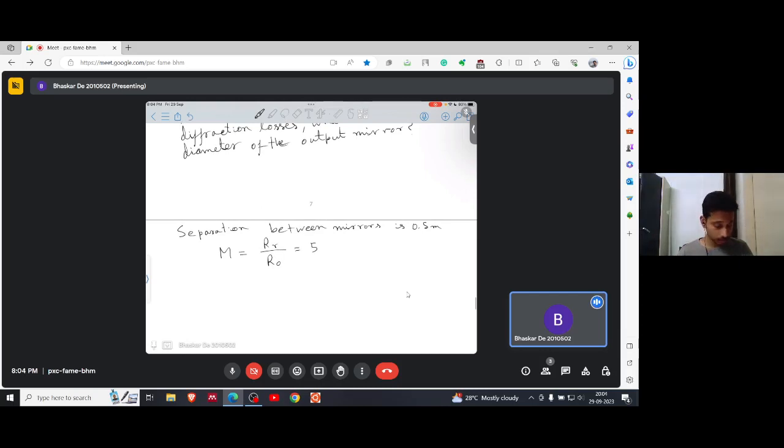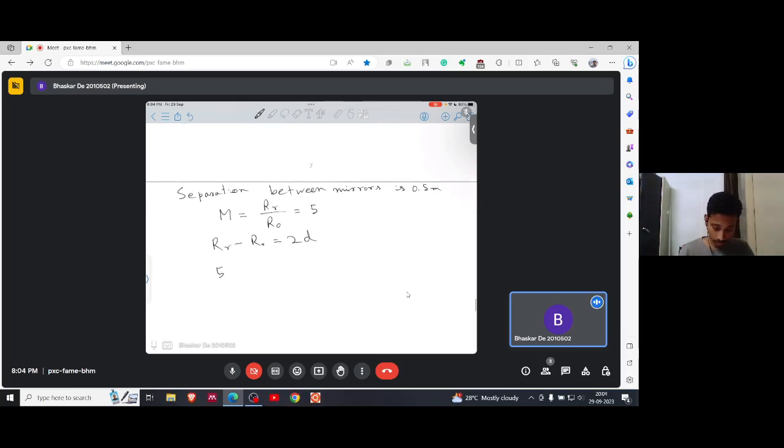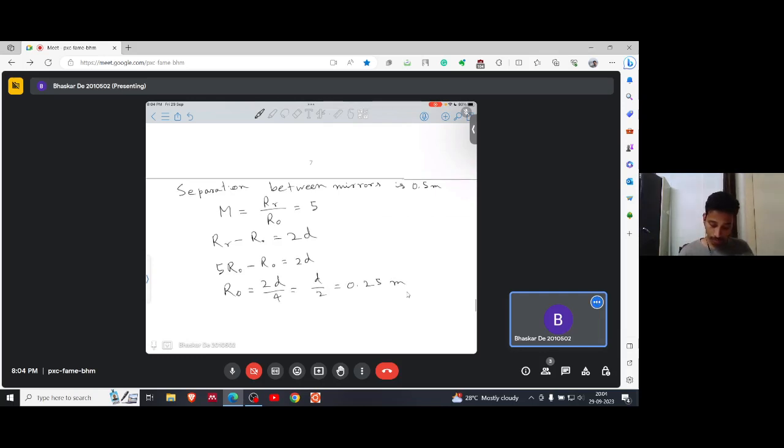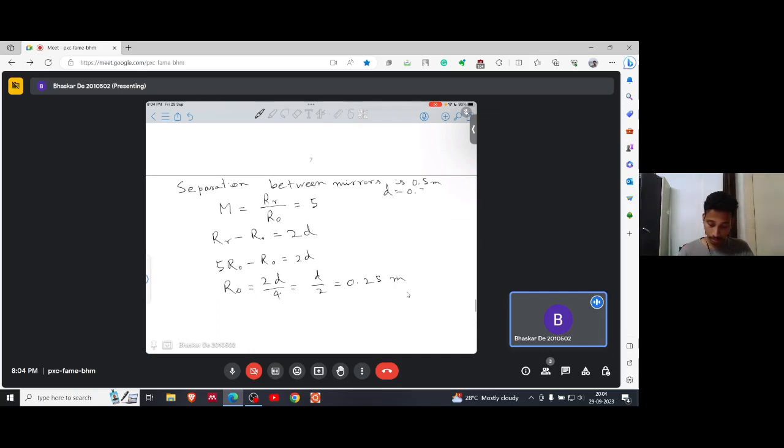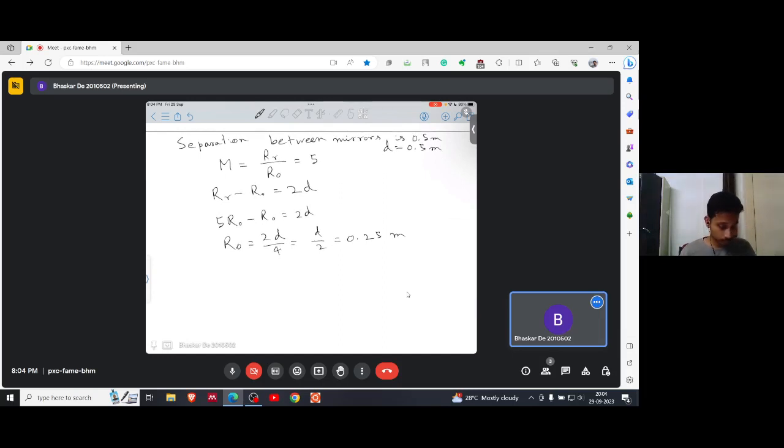So R minus R0 is equal to 2D. 5 R0 minus R0 equals 2D, R0 equals 2D by 4, which is 0.25 with D as 0.5. So R is 1.25 meter.